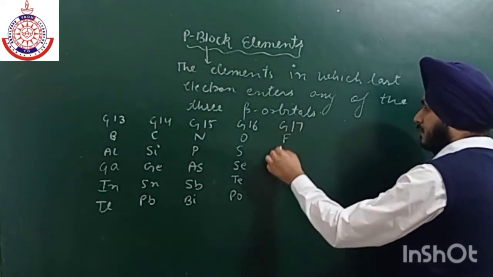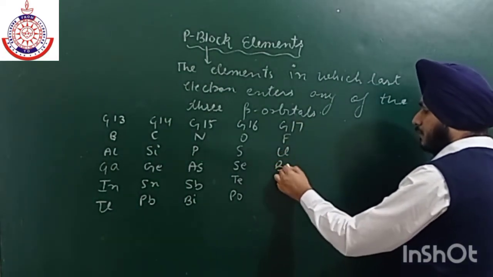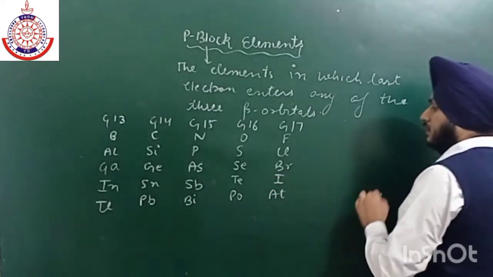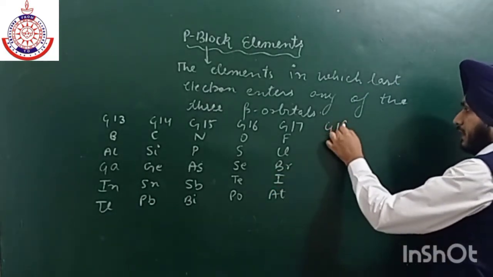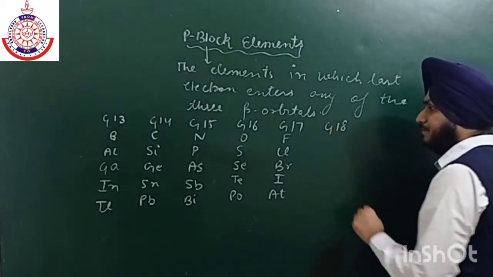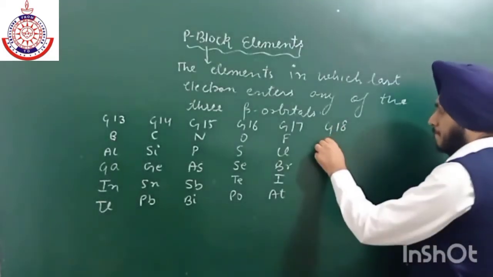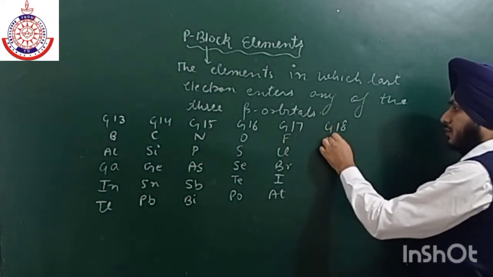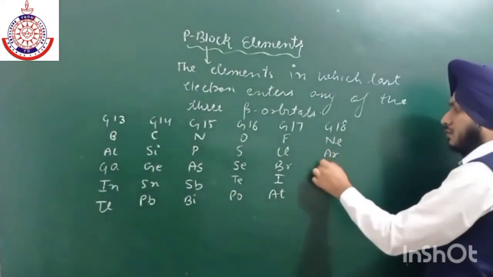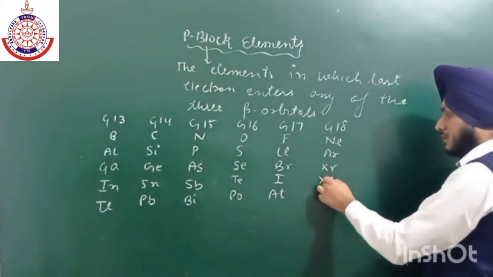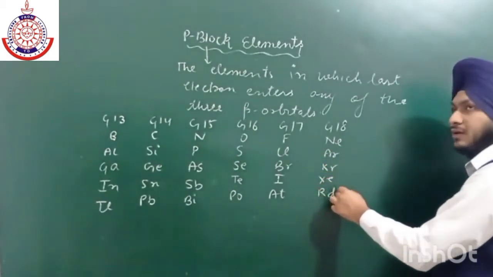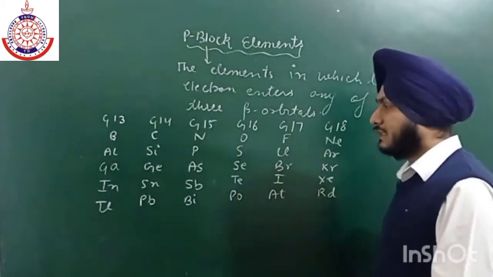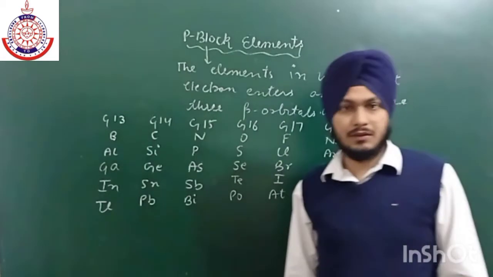Fluorine is the first member, then chlorine, bromine, iodine, and astatine, which is radioactive. Group number 18 has helium, neon, argon, krypton, xenon, and radon. So these are the 6 groups of p block.